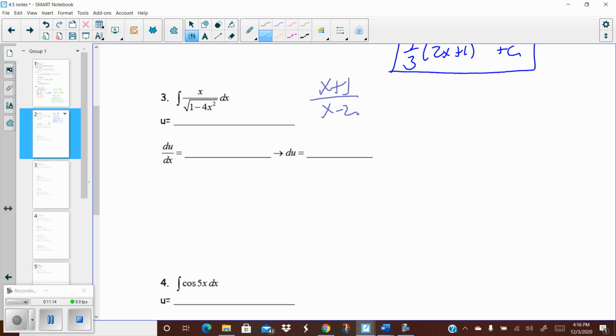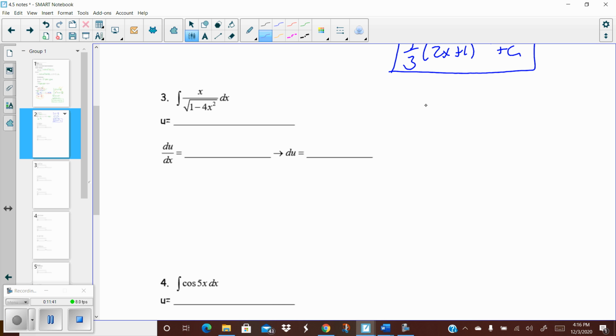The denominator is technically composited because if I put these things in parentheses, I could rewrite this as x plus 1 times x minus 2 to the negative 1 power. You can see how this, being raised to the negative 1 power, is technically more composited than the x plus 1. It's definitely within a parenthesis. So that's what I mean by the most composited piece.